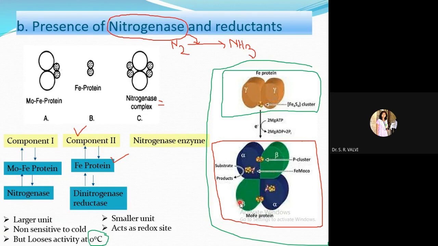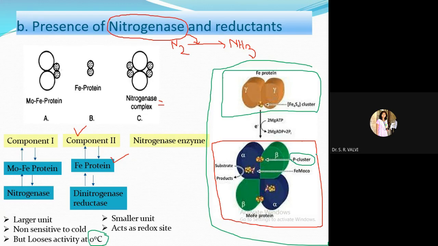So MoFe protein is made up of 2 alpha and 2 beta subunits, and within these subunits the P cluster is present. Okay, which cluster? P cluster. This P cluster is also called the P center, right?